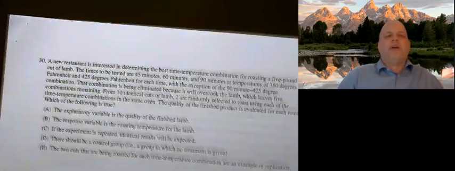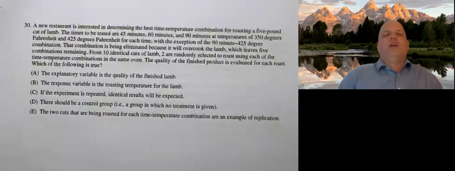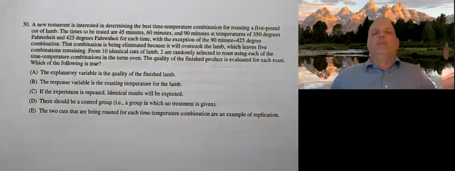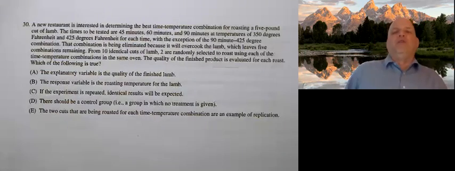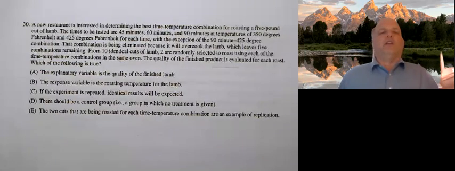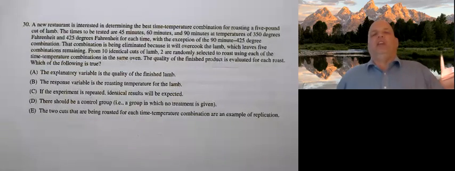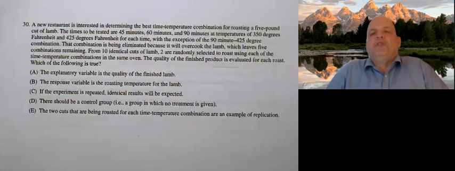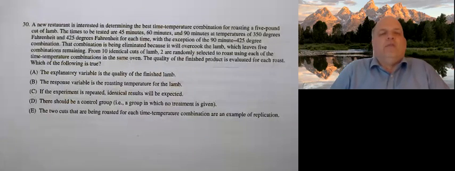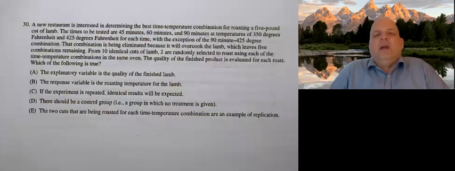All right, number 30. A new restaurant is interested in determining the best time temperature combination for roasting a 5-pound cut of lamb. The times to be tested are 45, 60, and 90 minutes at temperatures of 350 and 425 degrees, with the exception of the 90-minute 425 combination.